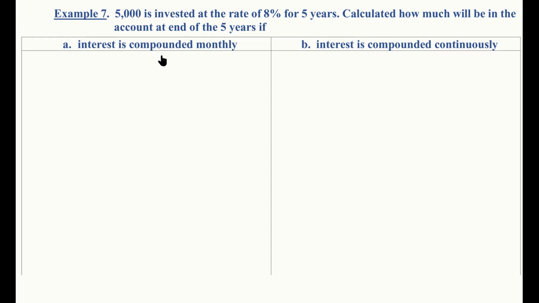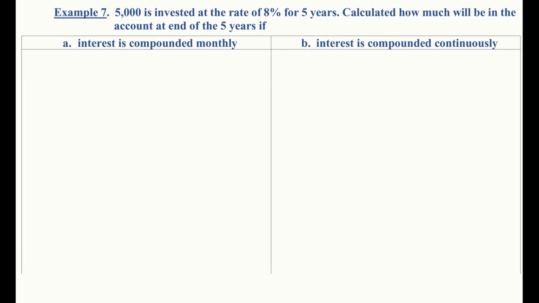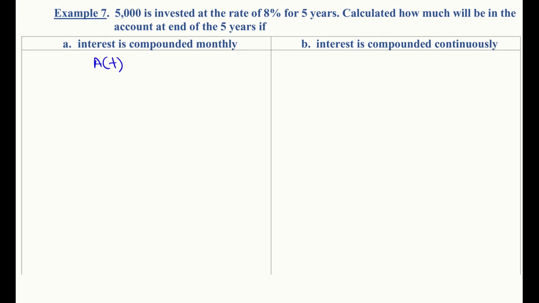All right, so on the left side, we're going to be using the formula for periodic compounding, which, if you recall, was A of t equals P times 1 plus r over n to the nt.